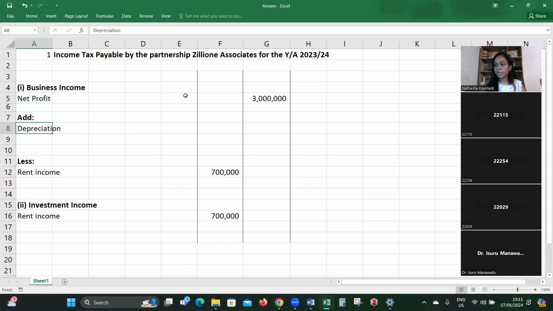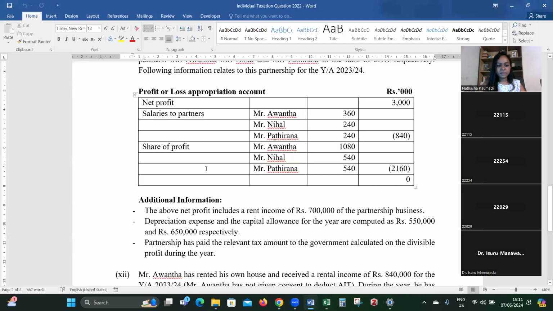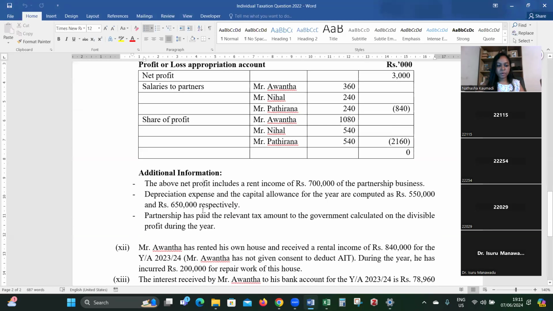What is that amount? 550,000. And instead of depreciation, we have to deduct capital allowance. So you add back depreciation and deduct capital allowance. Capital allowances is 650,000.